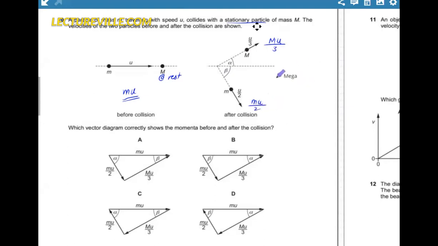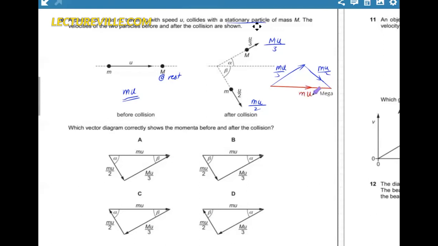What is total momentum after collision? That will be mu by 3 plus mu by 2, and it should be equal to the resultant, and this resultant should be equal to the initial or total momentum before collision, which is mu.